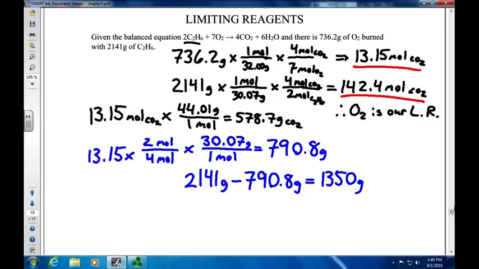And that is our excess that was not consumed in the reaction.